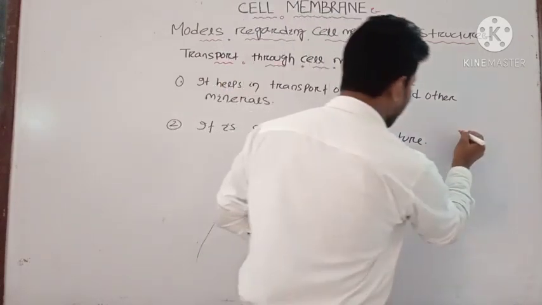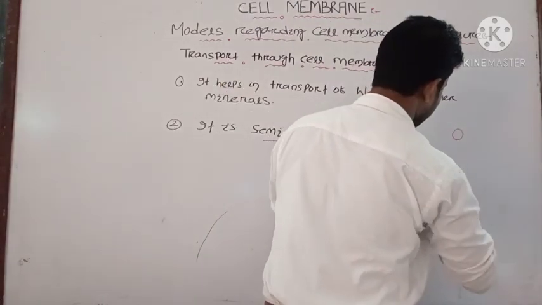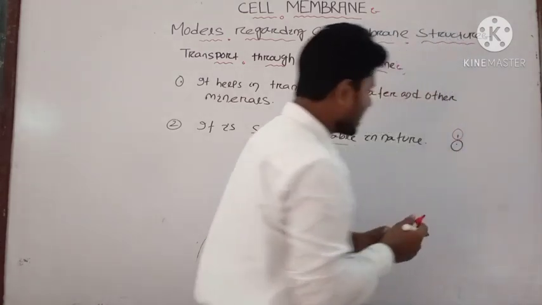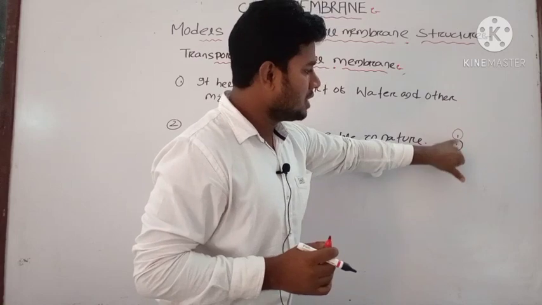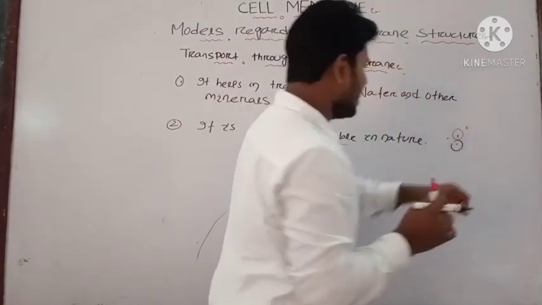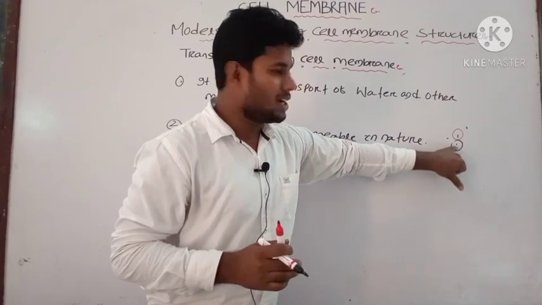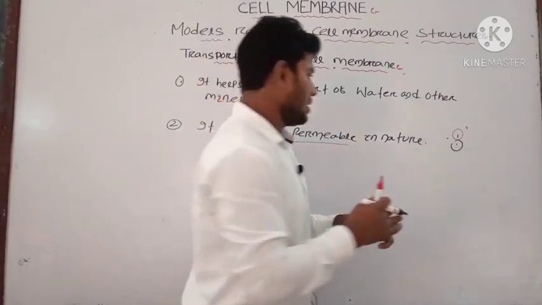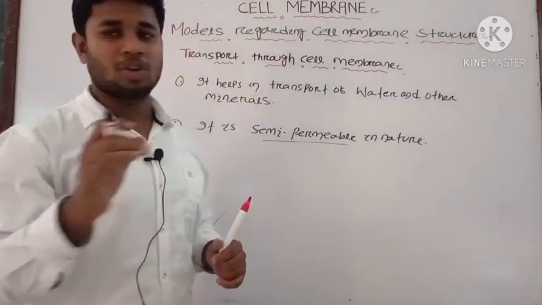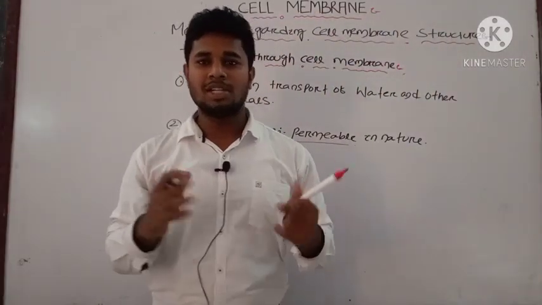Suppose this is one cell and this is another cell. The transport of molecules between two cells and also outside the cell occurs selectively; the solutes will be selectively transported into the cell and out of the cell. Okay, this occurs in a selective manner. Mainly the transport of water and minerals occurs in two processes.